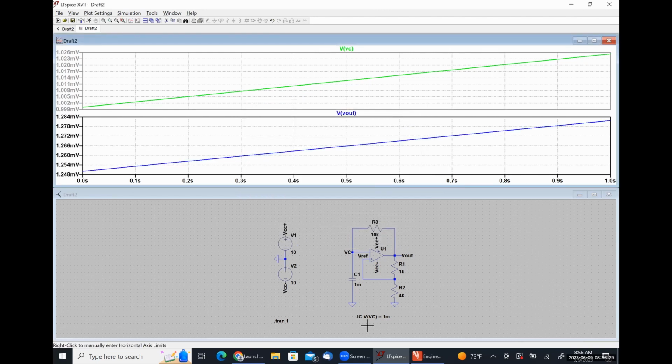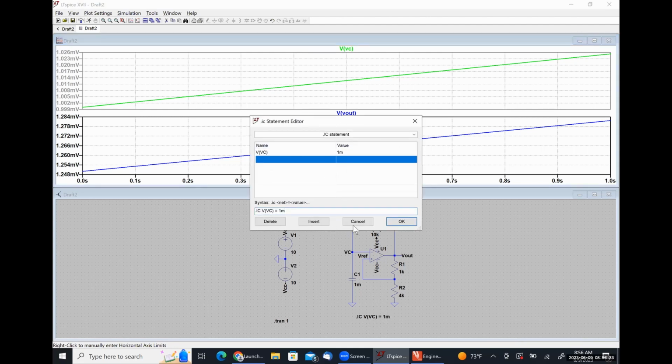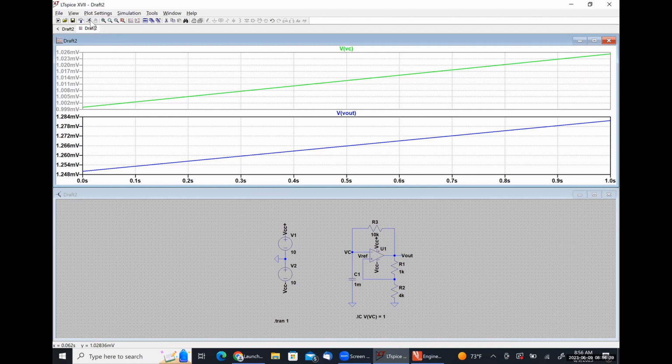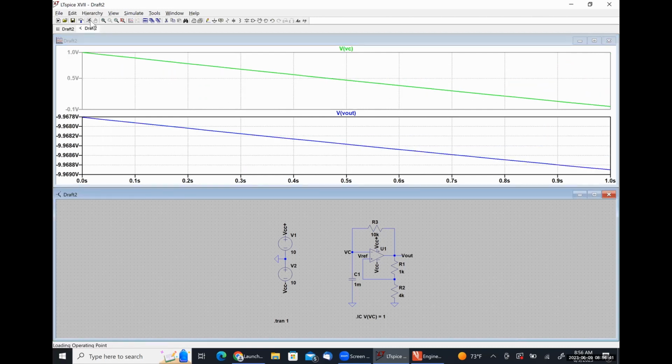Yeah, so I need to let it run for more than 1 millisecond. So let me make this 1 second. Still not long enough for it to really do things.